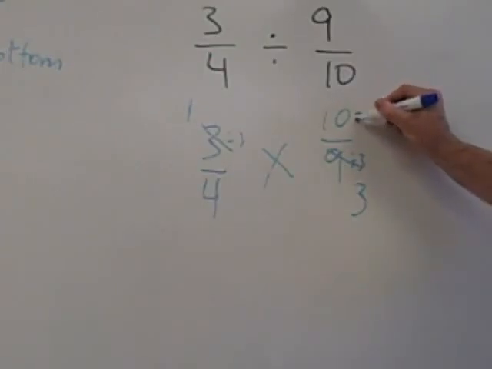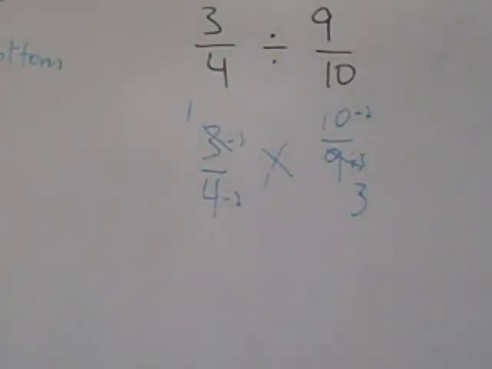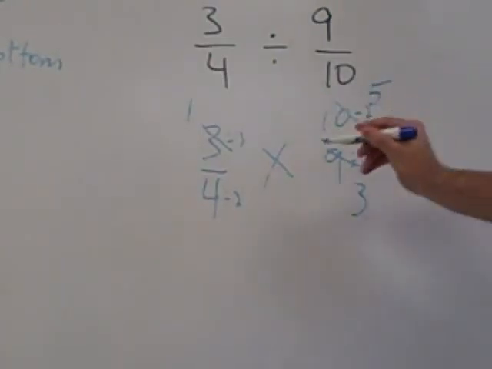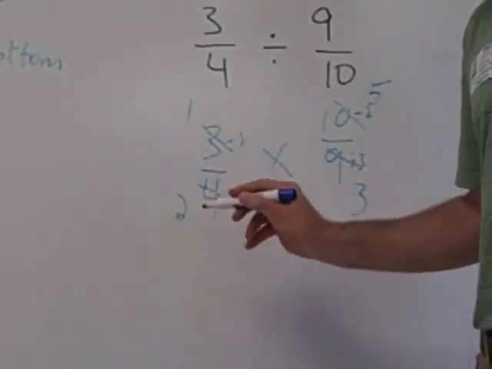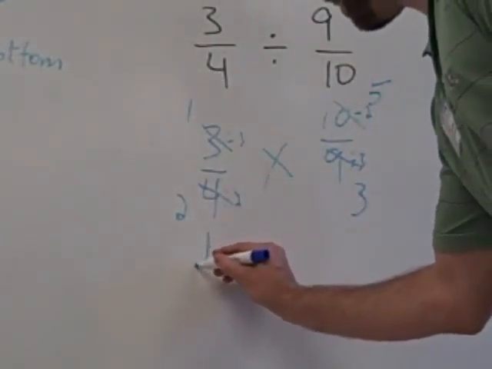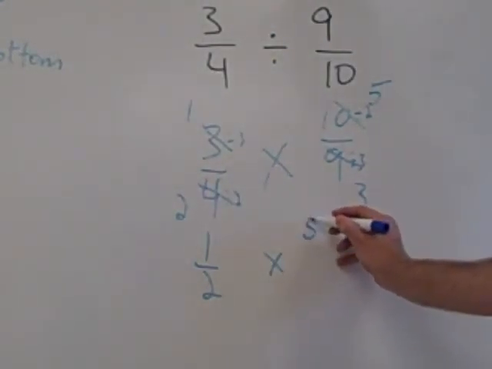So what do I end up with here? 5 up there, 2 down there. So what are my new fractions? 1/2 and 5/3, right?